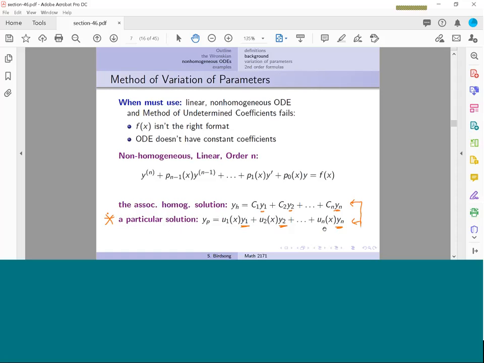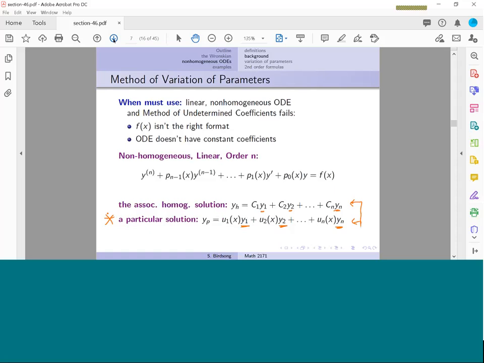Here's the interesting part about this format of the particular solution. It turns out it doesn't matter what your linear, non-homogeneous differential equation is, you're always going to be able to find a particular solution of that format, which means variation of parameters always works.